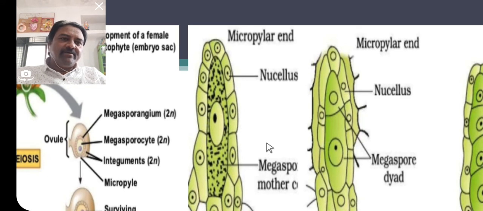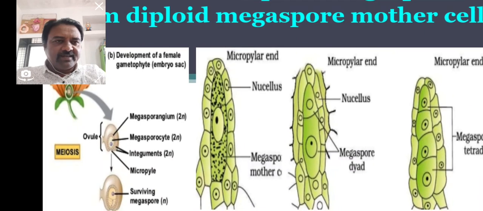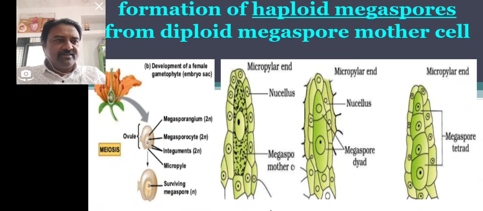A megaspore mother cell becomes very large and undergoes meiosis to form 4 haploid cells known as megaspores. The haploid cells are arranged in a specific manner, linearly, inside the nucellus.